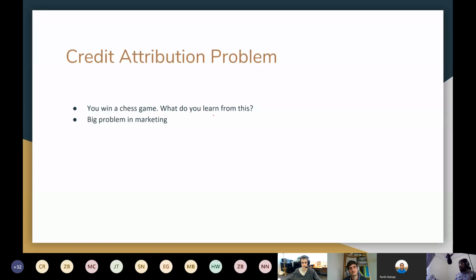This is a big problem in things like marketing, where say you show lots of different kinds of ads to people, then people eventually buy your product, and you don't really know the thing that you did that worked well or didn't work well. You just kind of have to guess and pray. I think this kind of thing is also where a lot of superstitions come from. Like you step over a black cat and then you get fired from your job.